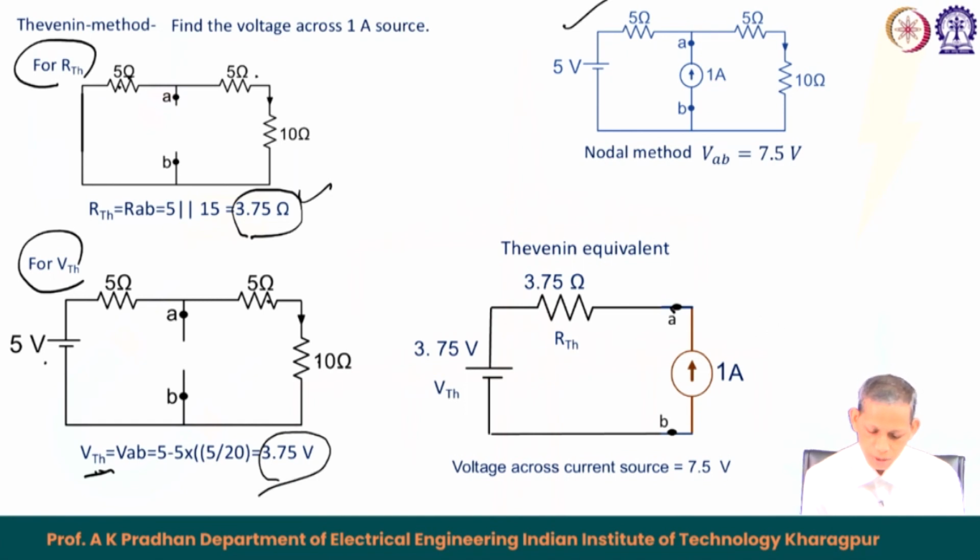Now, the Thevenin's equivalent across AB for this circuit after removing the current source is 3.75 VTH and 3.75 ohm RTH, and then we connect the current source across AB as in the diagram shown in the problem. So, this 1 ampere is going upward.